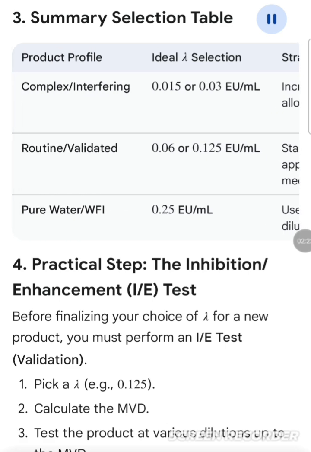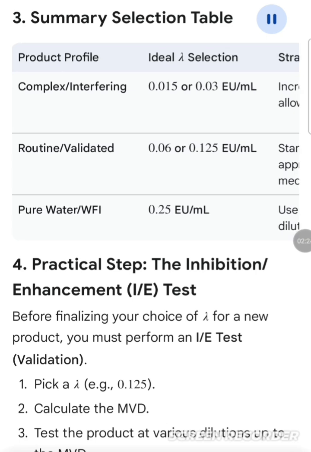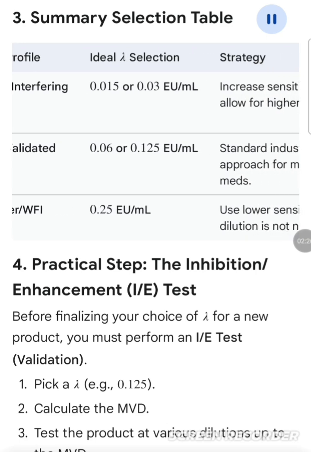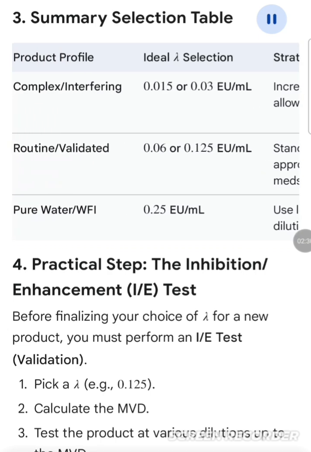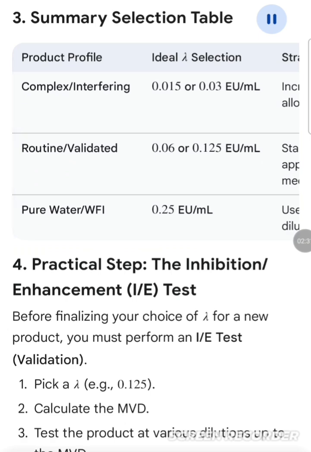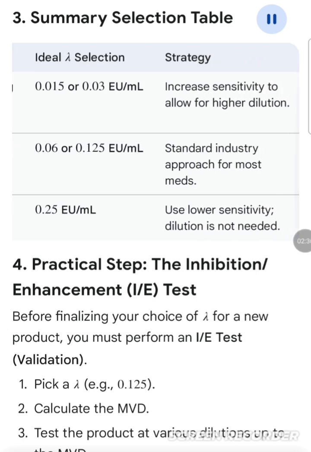Routine or validated: 0.06 or 0.125 EU per milliliter. Standard industry approach for most meds. Pure water, WFI: 0.25 EU per milliliter. Use lower sensitivity. Dilution is not needed.